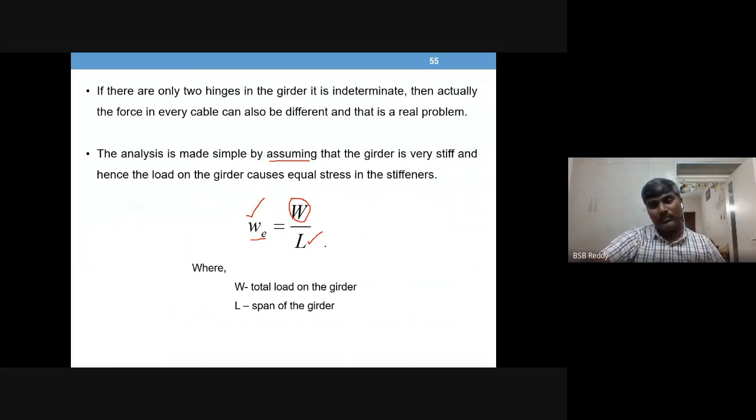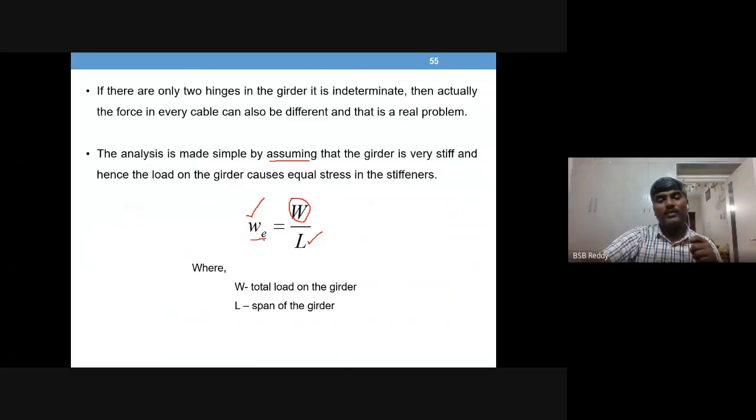The reason is, when you compare this with the three-hinged stiffening girder, you have three equations and three unknowns, like H, VA dash, VB dash, and the equations are sigma M, sigma Fy, and M at C, where the third hinge is present. Now in this case, you don't have a third hinge.